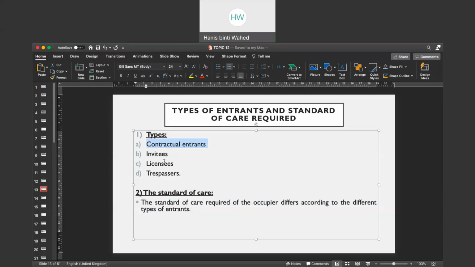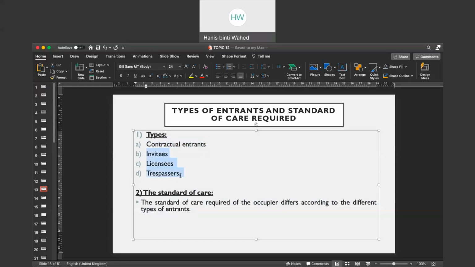So occupiers owe a higher duty of care towards contractual entrants, because of the existence of a contract between them. Meaning the standard of care required of the occupier is higher compared to cases involving other entrants.